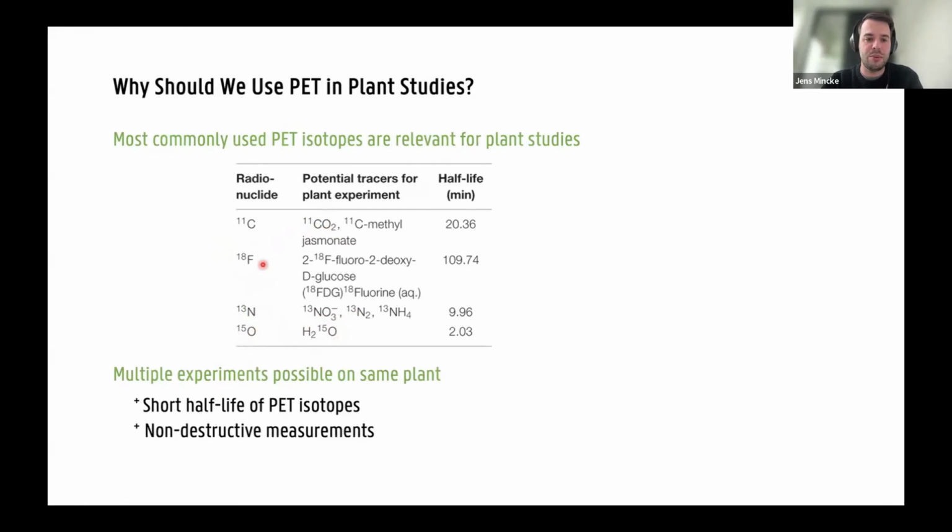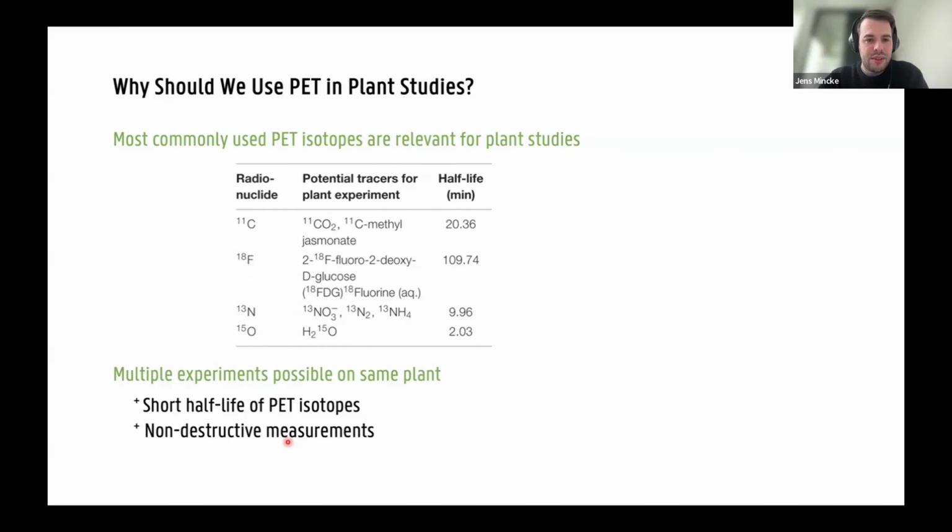And then the strange one in here is maybe fluorine, but this isotope is commonly built into a glucose molecule in the clinical setting. So we can also study sugar transport with it, and it can also be used to trace water, as it is an ion dissolved in water, so as a fluoride.